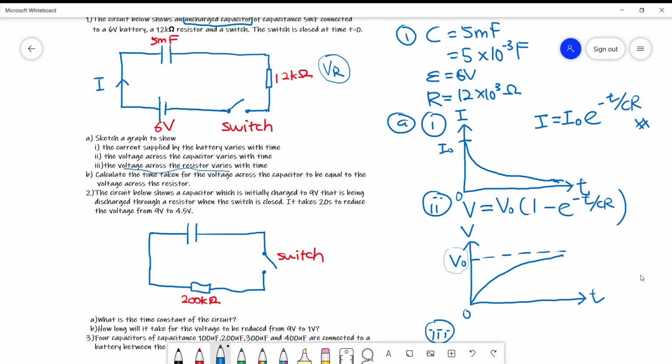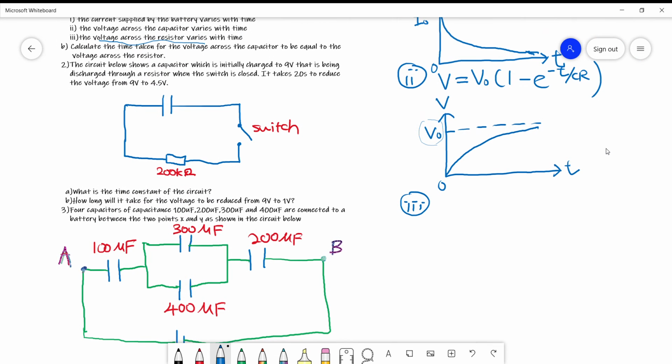Finally, when the capacitor is fully charged, there's no more current flowing inside the circuit, and hence the potential difference across the resistor finally becomes 0. So my VR equals V naught e to the power negative t over CR.